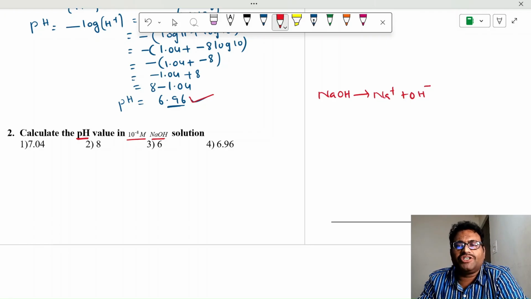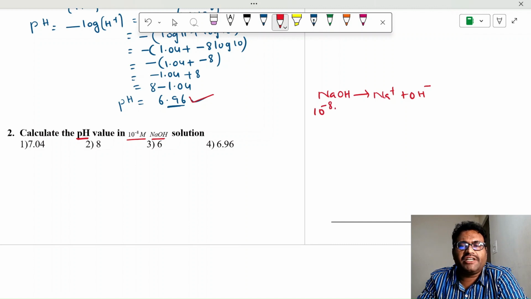One mole of NaOH gives you one mole of OH minus. Here, if it is 10 power minus 8 molar, it gives 10 power minus 8 M of OH minus.